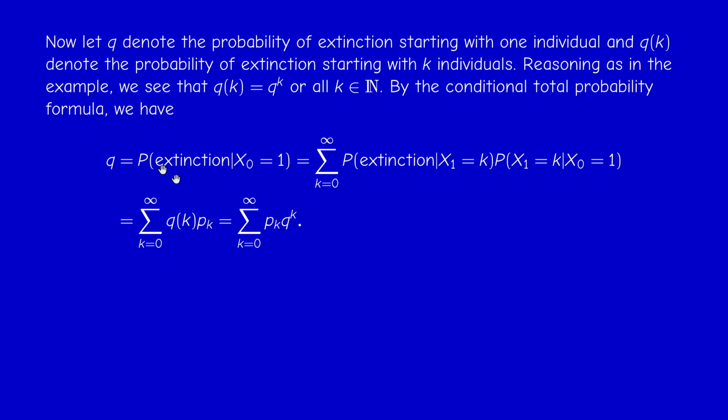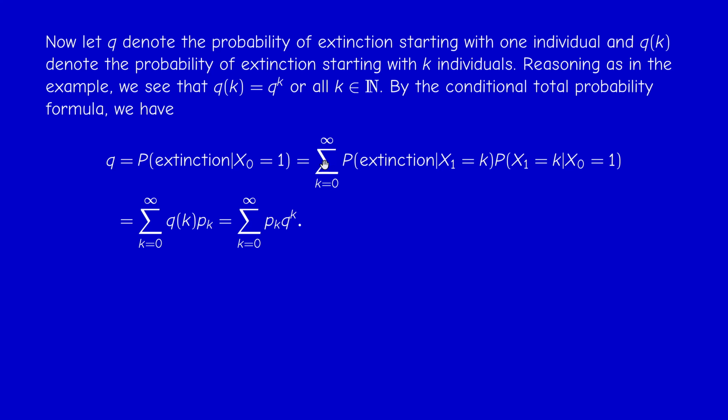So Q is the conditional probability. If I apply the total probability formula as we did, but instead of summing from 0 to 3, I can sum from 0 to infinity, because the reproduction process can have any probability distribution pk.